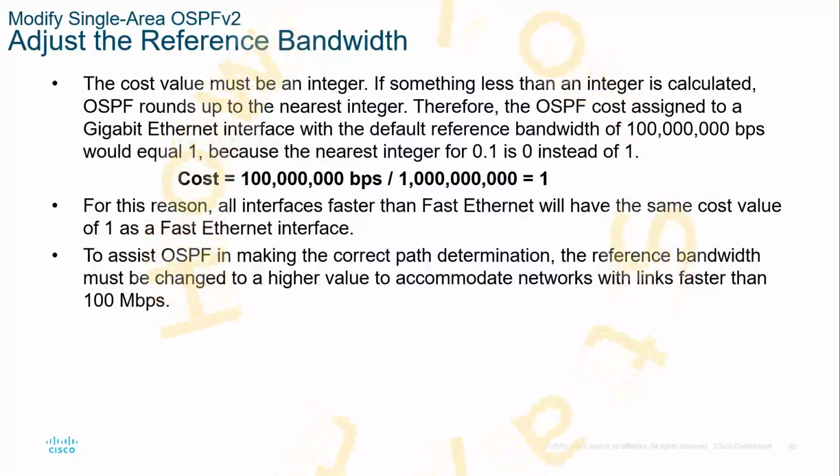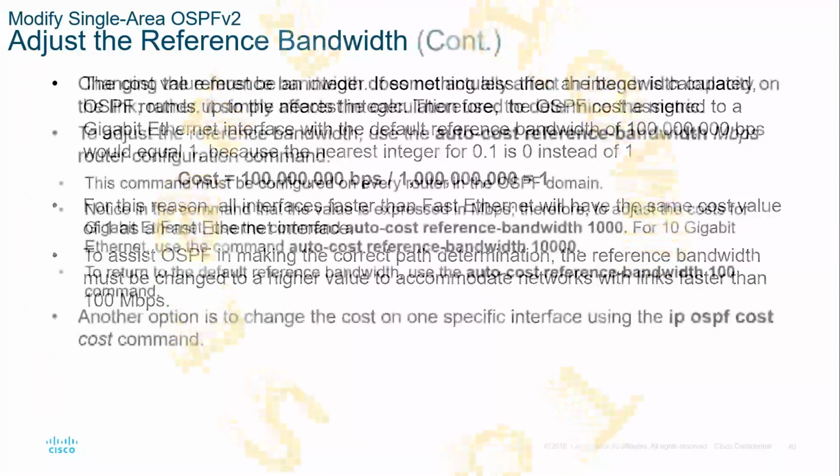To assist OSPF in making the correct path determinations, the reference bandwidth must be changed to a higher value to accommodate the faster networks, so anything faster than 100 megs. In reality, 100 megs used to be fast 20 years ago. It's no longer the same, so adjustments had to be made.